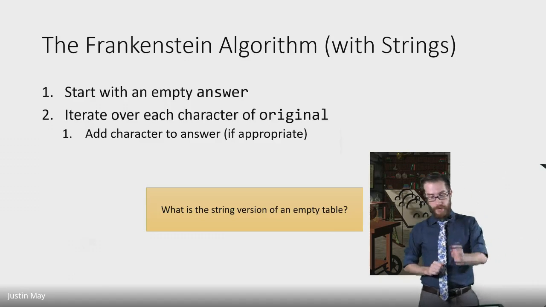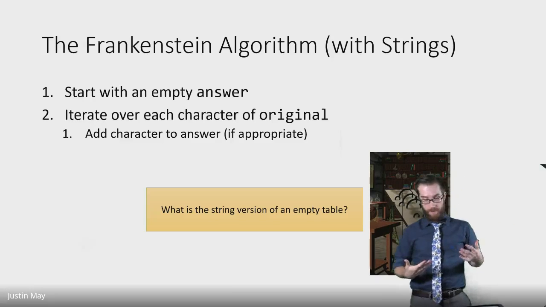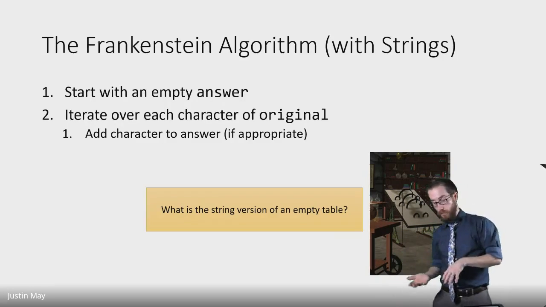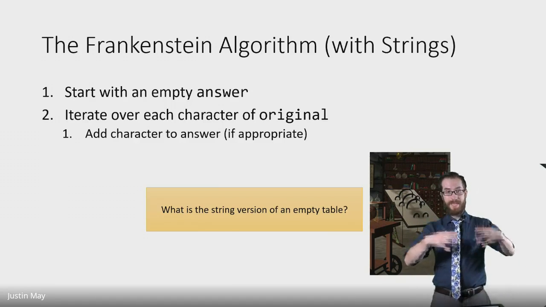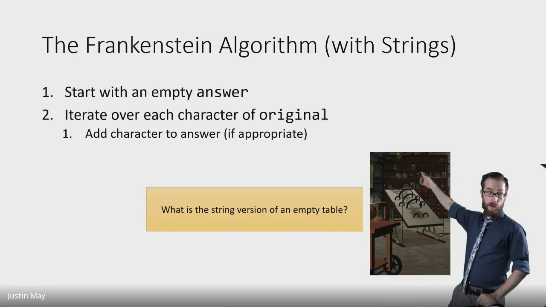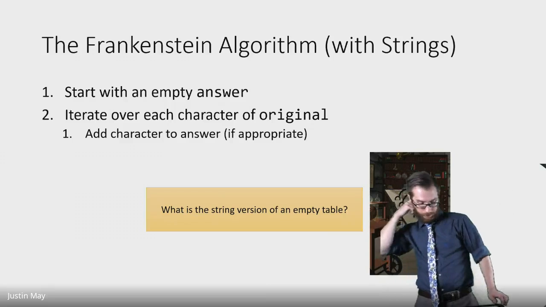And then for each character, we're going to add it to our answer if it's appropriate. So depending on the question, sometimes we'll add the character, sometimes we won't. It depends on what we're actually trying to solve. So we're building up this answer from nothing into something until there's no more characters to iterate over, and then we're done and we will have an answer.